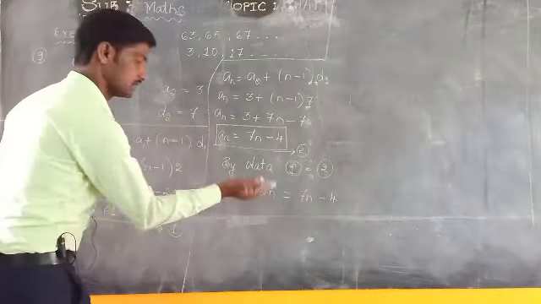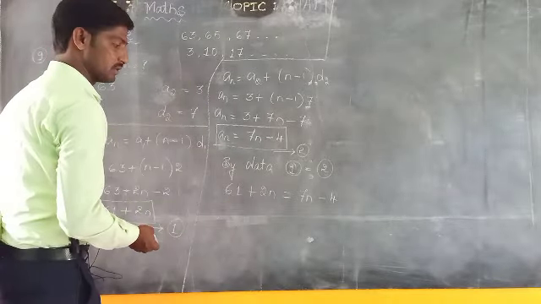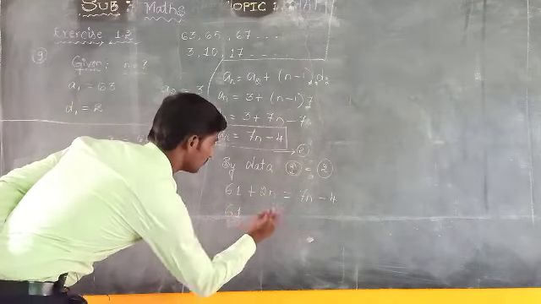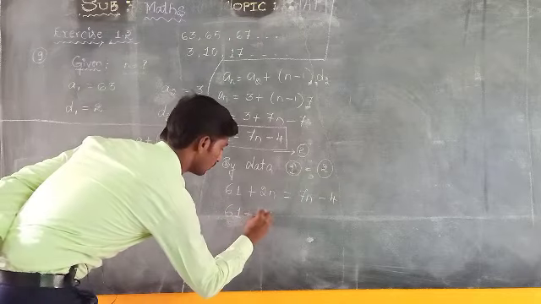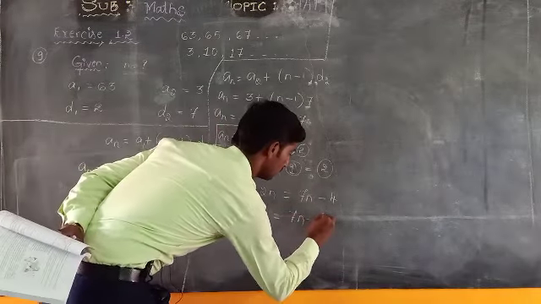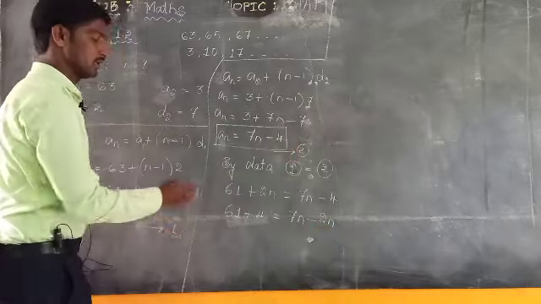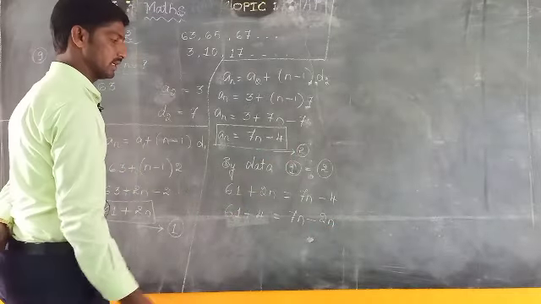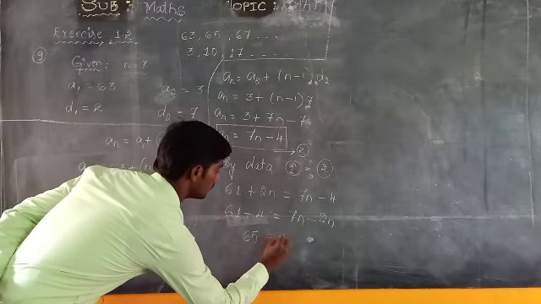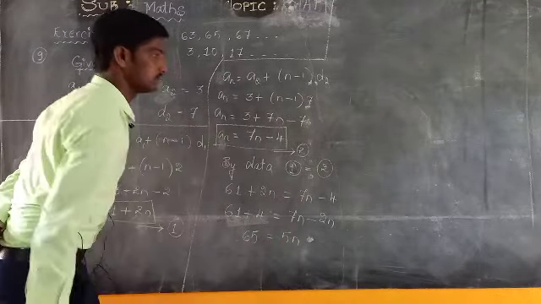Now just transpose the terms. Plus 2n goes to the other side and becomes minus 2n, and minus 4 comes to this side and becomes plus 4. So 61 plus 4 equals 7n minus 2n. It becomes 65 equals 5n.